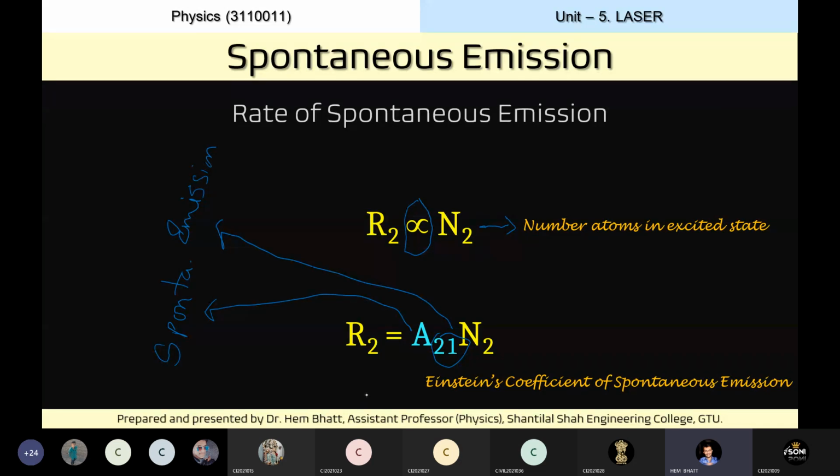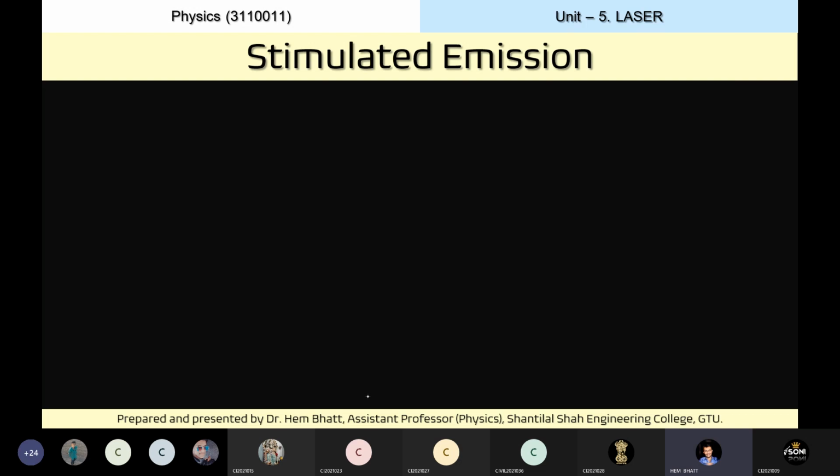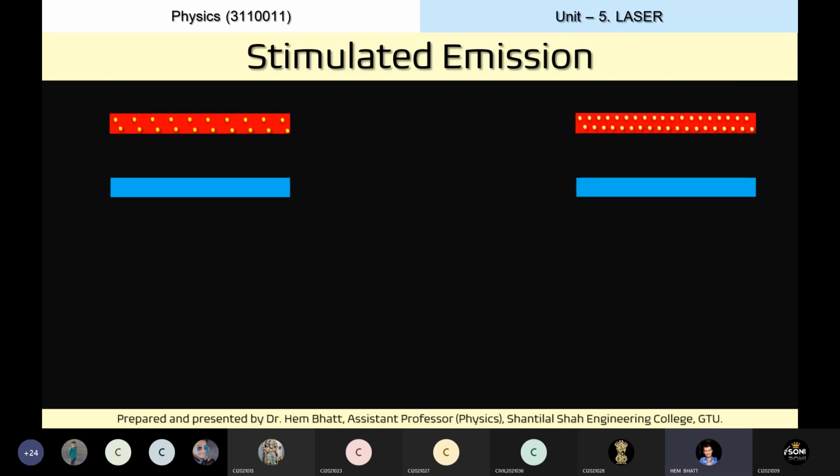We will get an equation for R3. Again, two situations we are talking about. What difference do you find in these two?